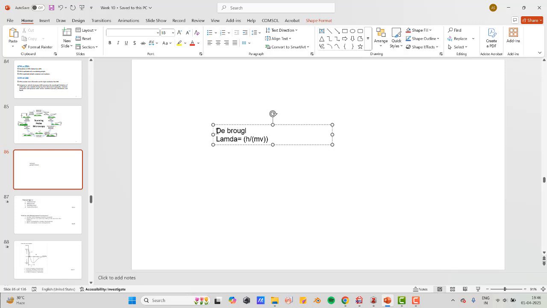Yeah, you can tell me the question. So mass you have, and v here is the velocity of light.